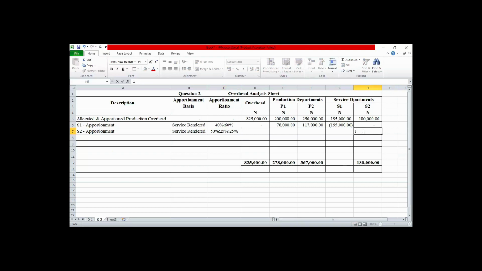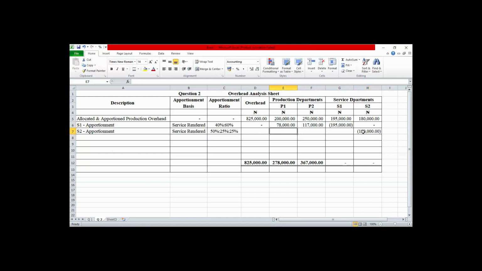We now take it out of the department where the 180,000 is to be shared to others. It will now be minus 180,000, which means S2 has been totaled to zero. Then that figure will be shared to the other three departments on the basis of the ratio given to us.